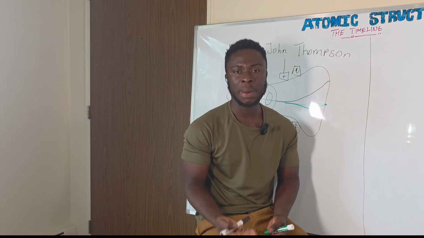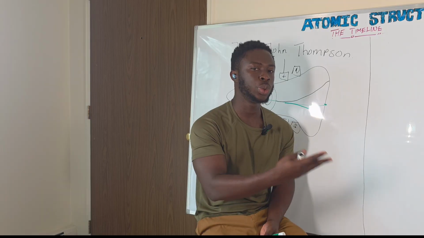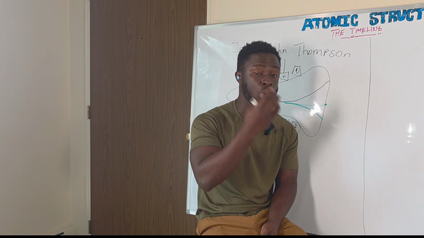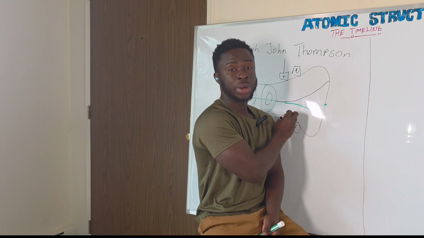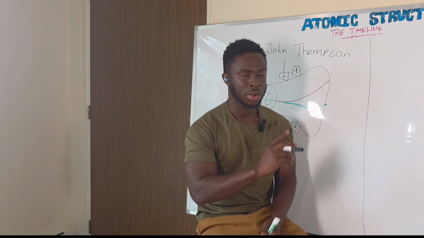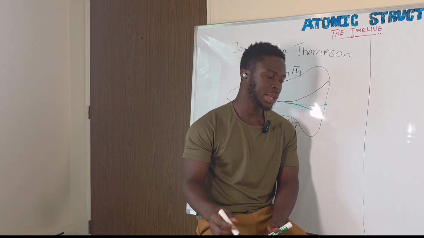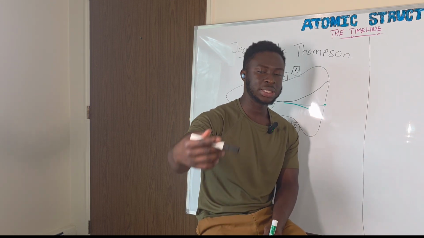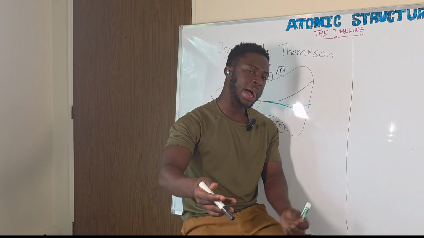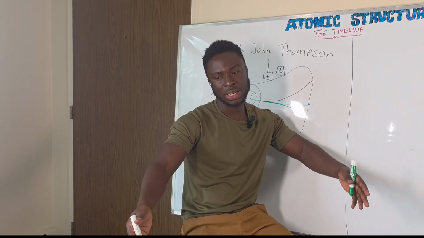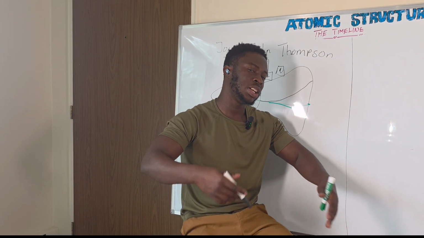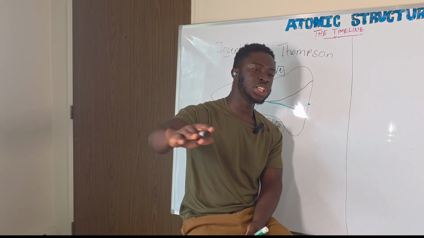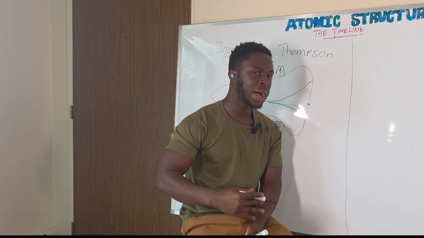He used what we call the mass spectrometer, which we're going to get into later on, to calculate the mass per charge ratio of the ray being shot from the cathode ray. When he calculated the charge per mass ratio, he found a figure, and later on, the value from Millikan's oil drop experiment, which found the smallest charge a particle could carry, was substituted into the charge per mass ratio.